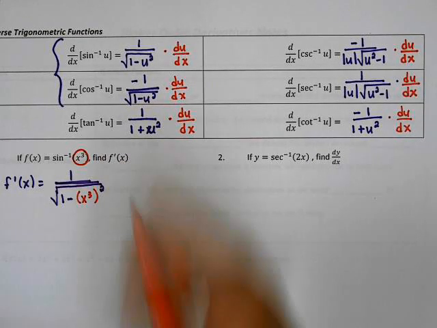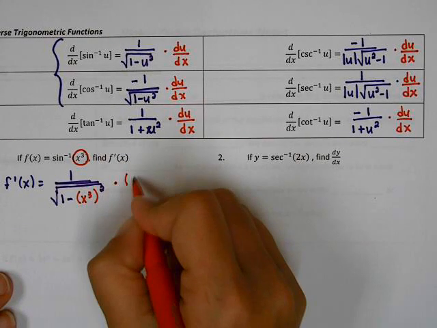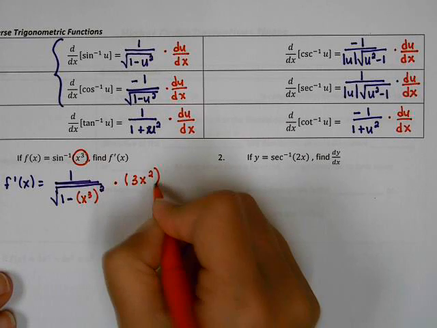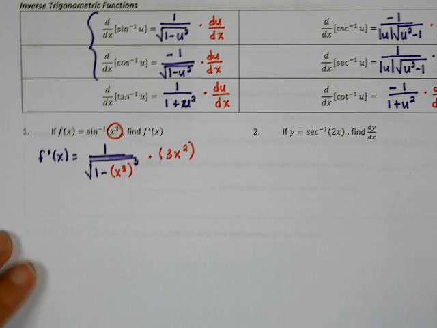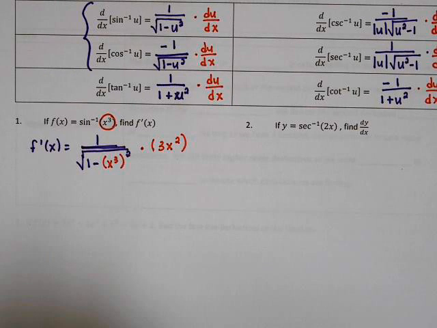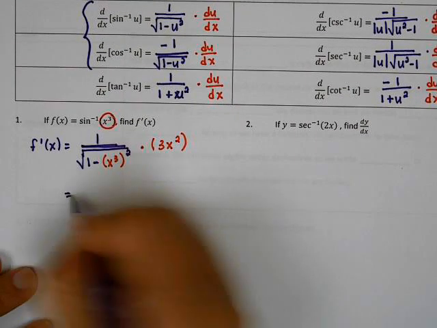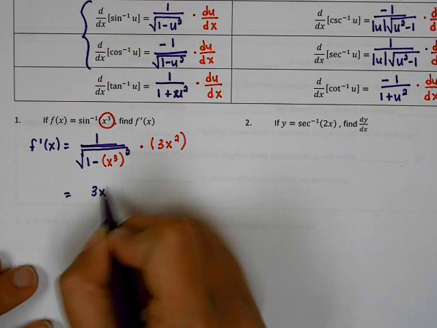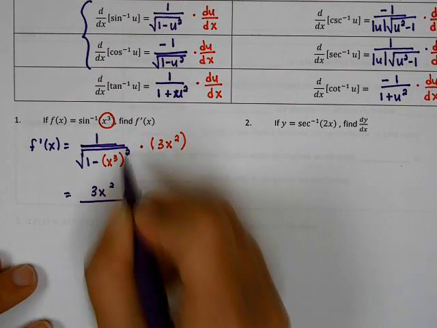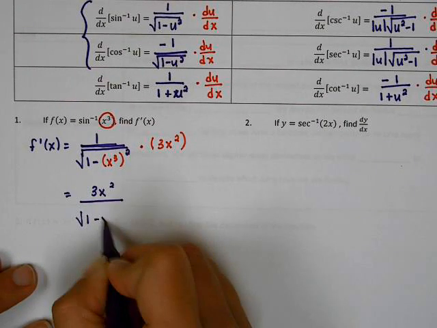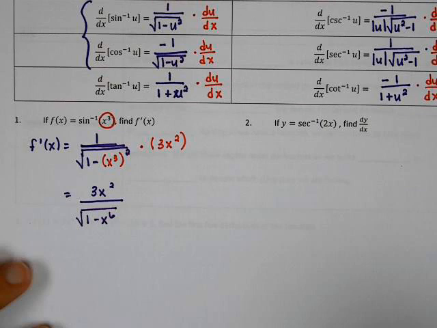Then I would multiply by the derivative of whatever was inside there, so 3x squared. Now I'm going to simplify that just a little bit. So the 3x squared will just go on the top, and x cubed squared would just be 1 minus x to the 6th.